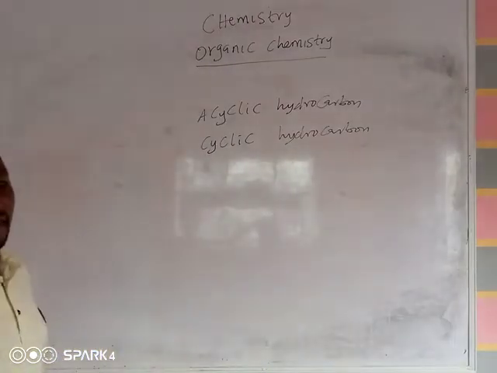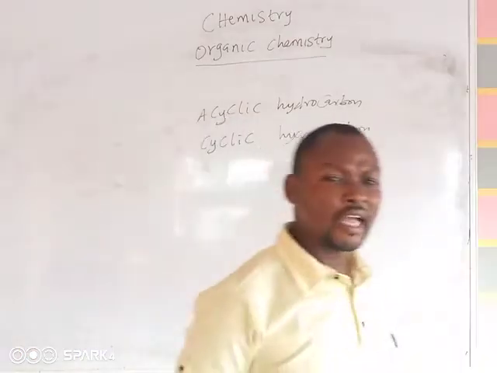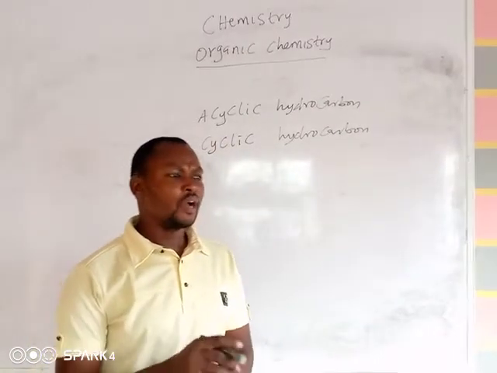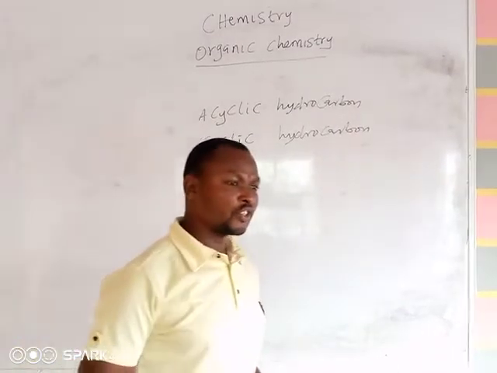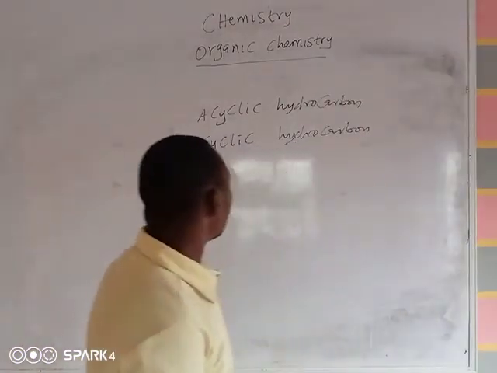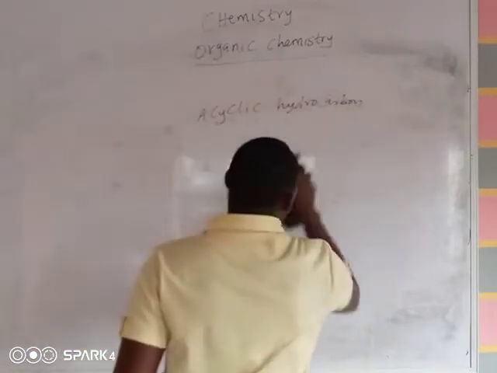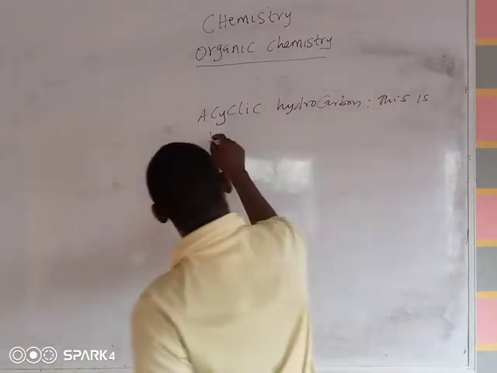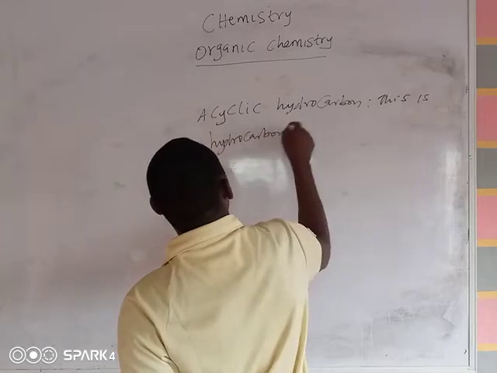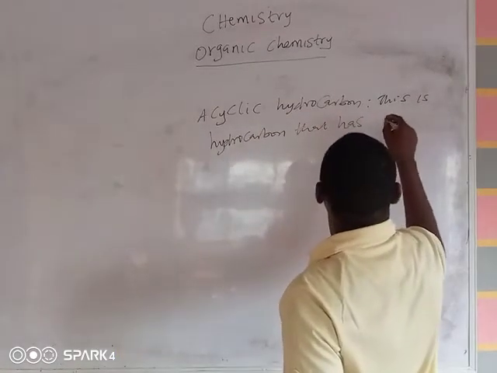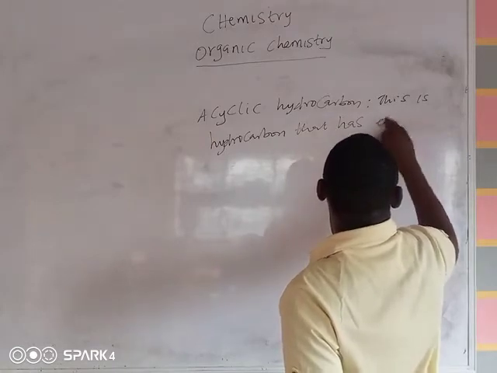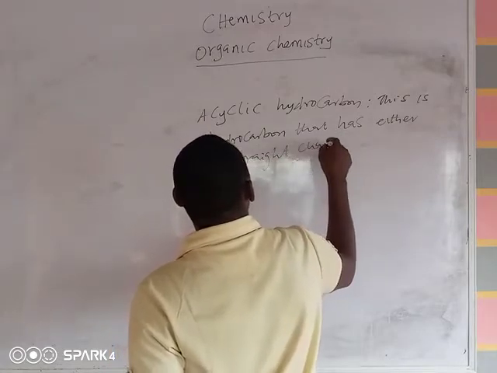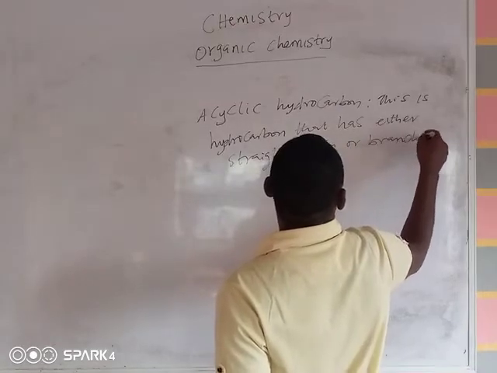Acyclic hydrocarbon is hydrocarbon that has either straight chain or branch chain.